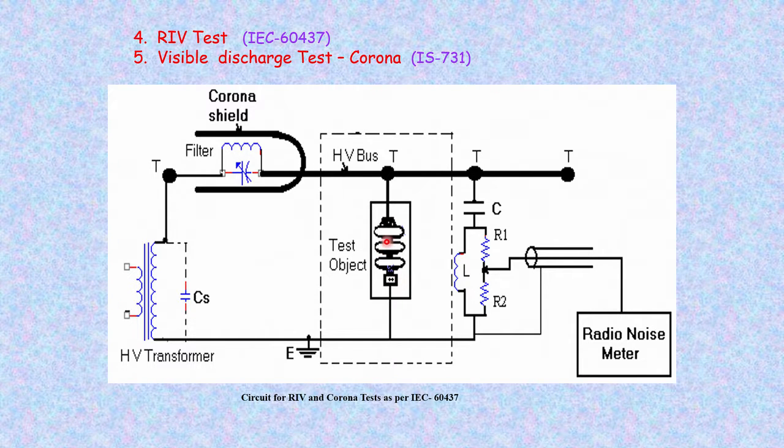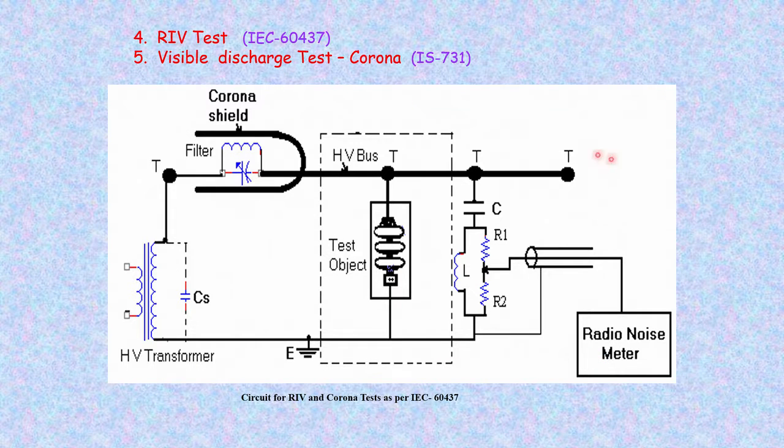The discharges being generated are communicated through the capacitor and through the measuring impedance. The measuring impedance has two arms, R1 and R2, and this signal is communicated to the radio noise meter, which measures the radio noise in decibels or in microvolts.